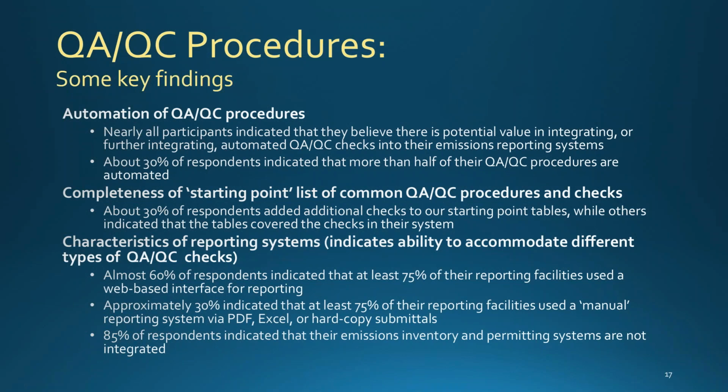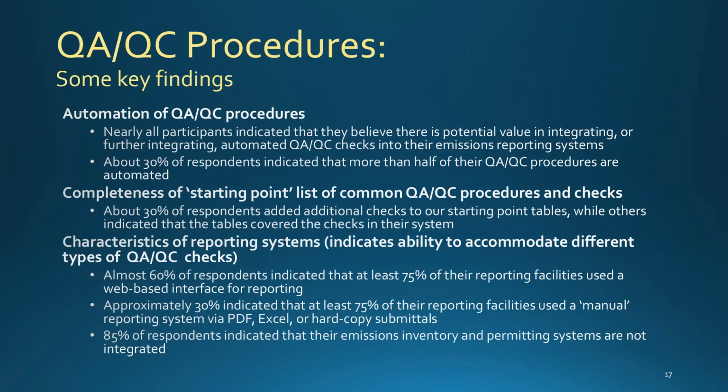Some of the key things to take away from this project, or that they found during this project, is in general, there does seem to be a big potential value in integrating these QA QC checks into some type of automated or electronic system. In general, across all the state and local agencies, there's a lot of discrepancy in how QA QC is performed.